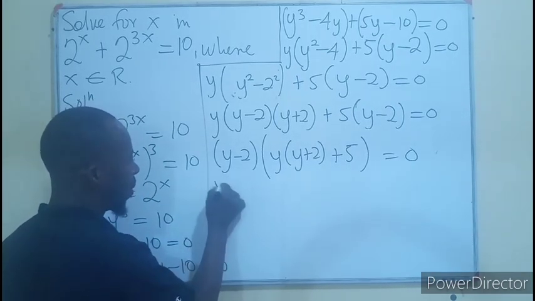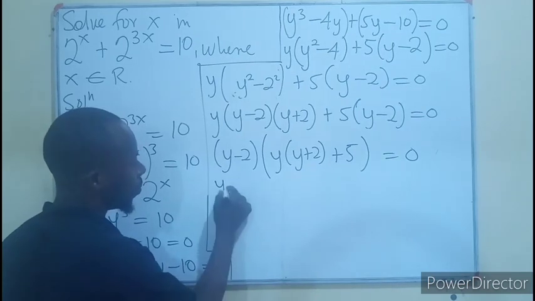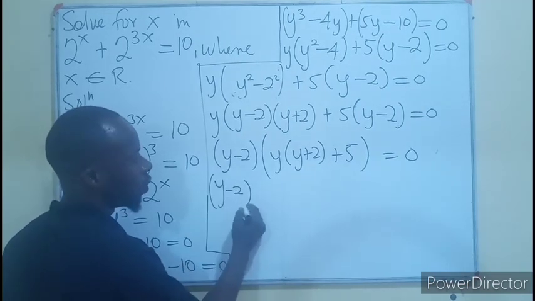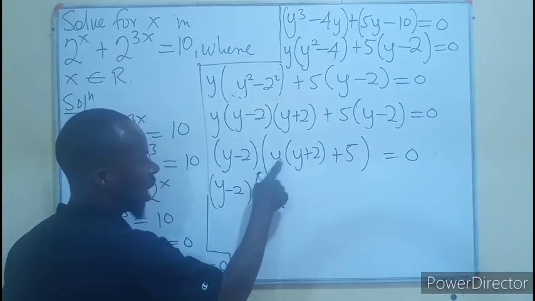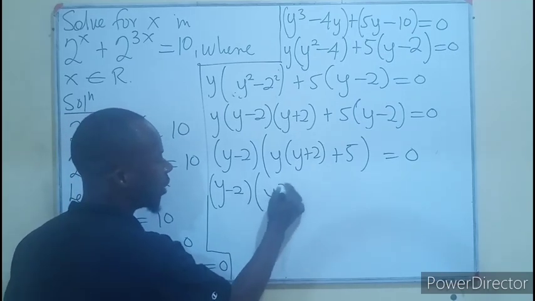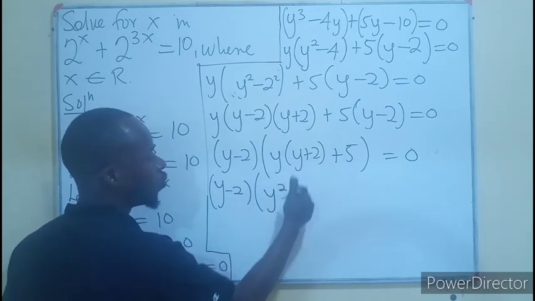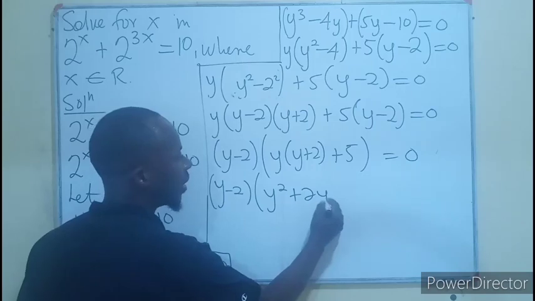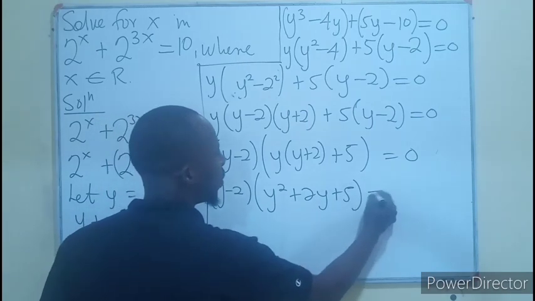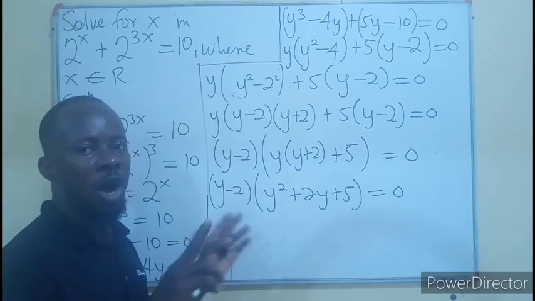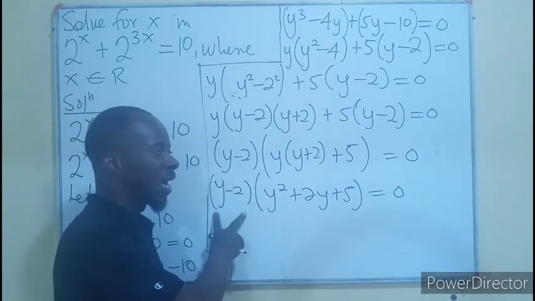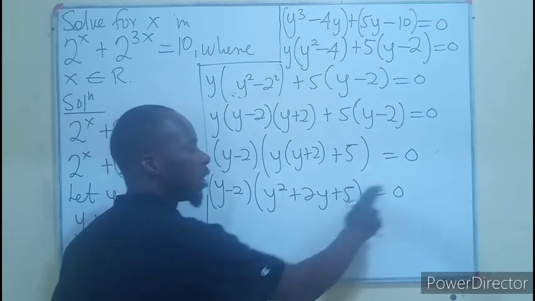So we maintain our y minus 2, then into bracket y times y will be y squared, y times 2 will be plus 2y, then plus 5 equals to 0. Now we can see that this is a bracket multiplying this equals to 0.